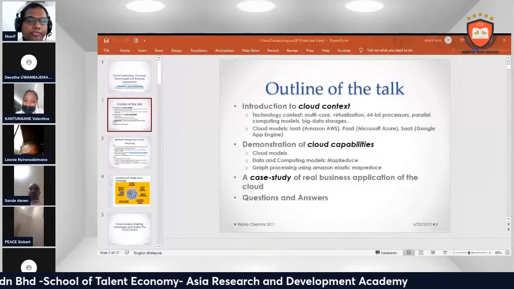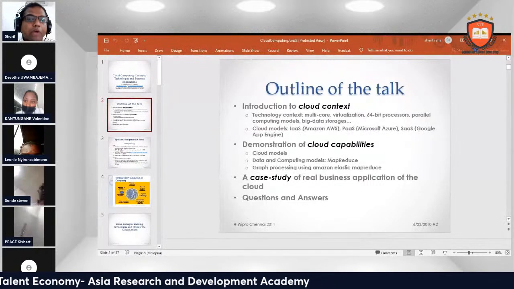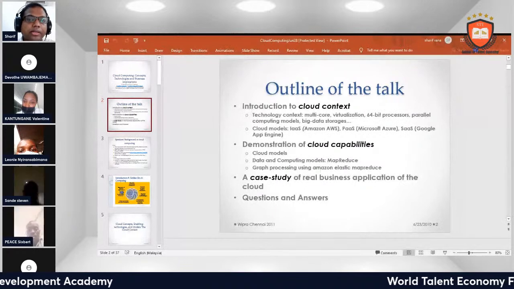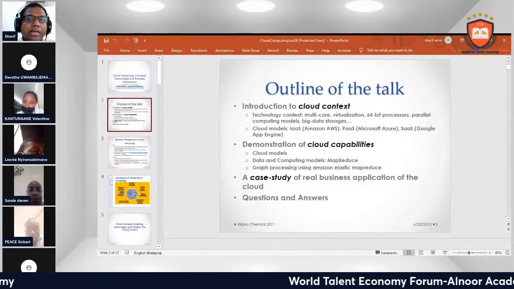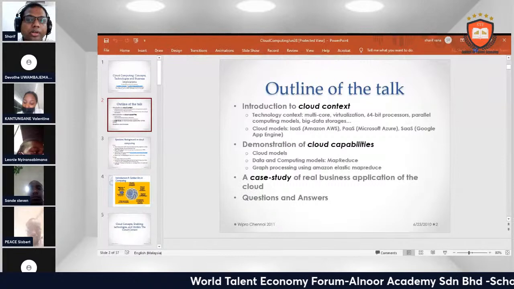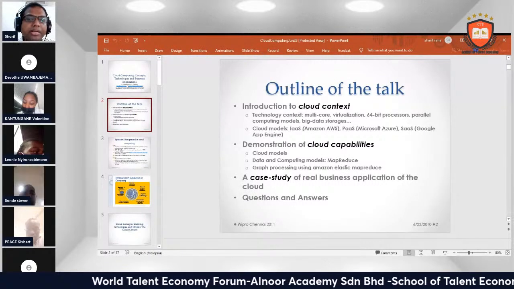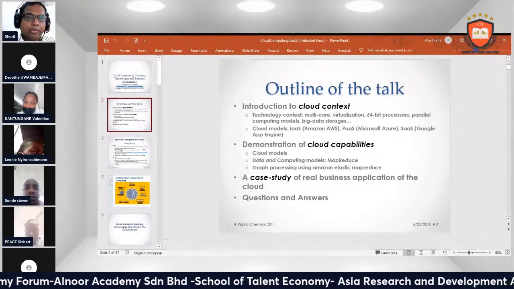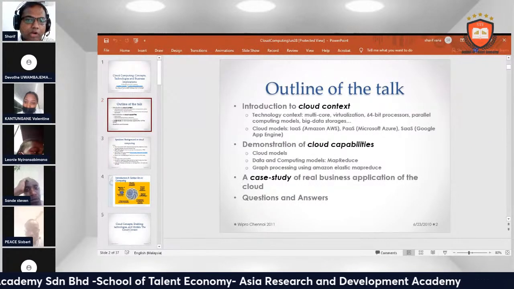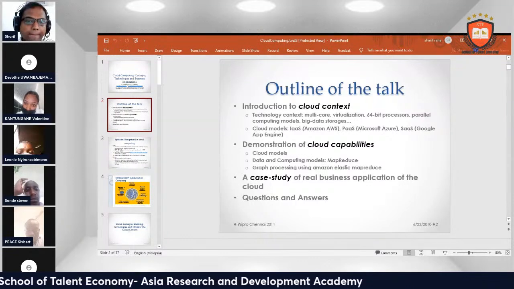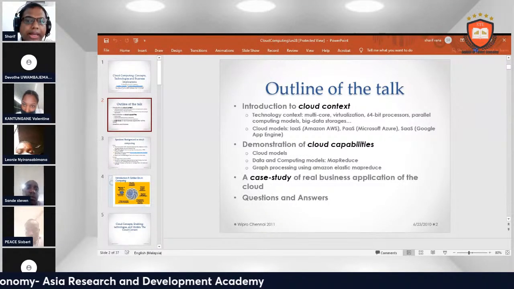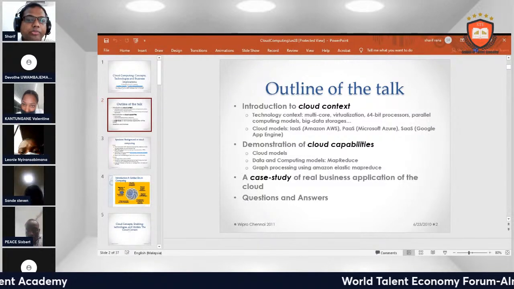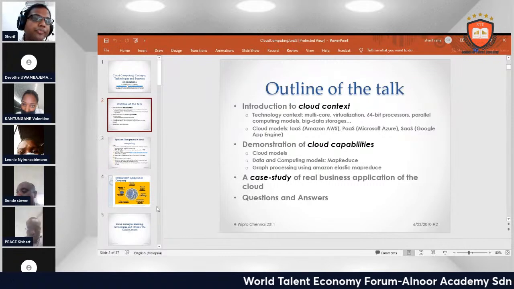Outline of the talk: cloud context, introduction to cloud context, technology context, multi-core, virtualizations, 64-bit processor, parallel computing model, big data storage, cloud model, IaaS, PaaS, SaaS, demonstrations of cloud capabilities, cloud model, data and computing model, graph analytics using Amazon Elastic MapReduce, a case study of the real business application of the cloud.